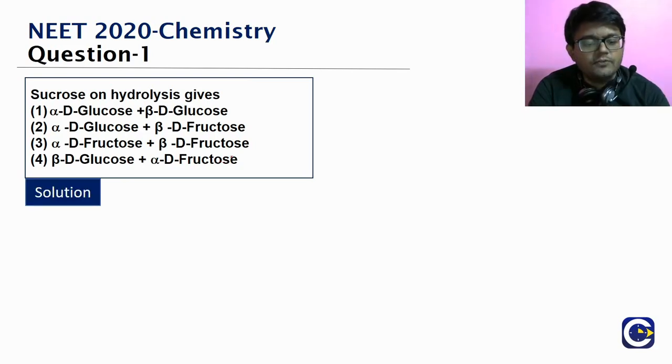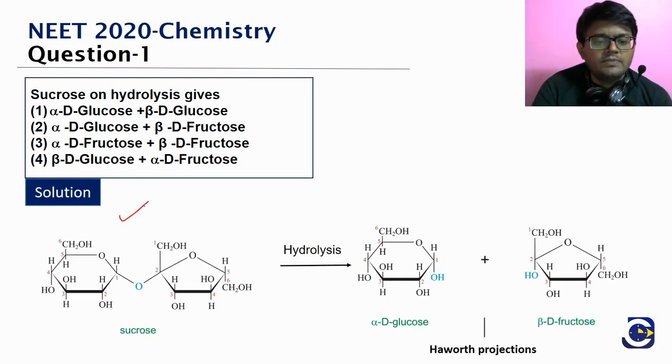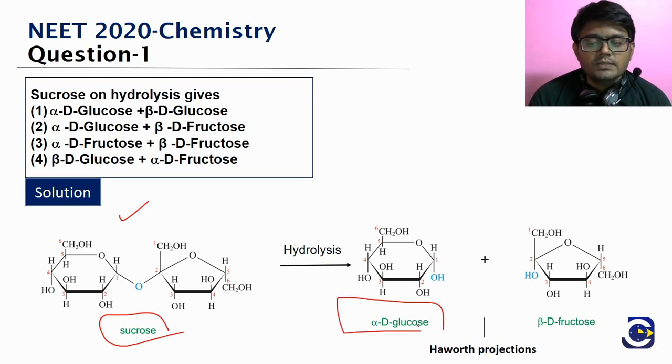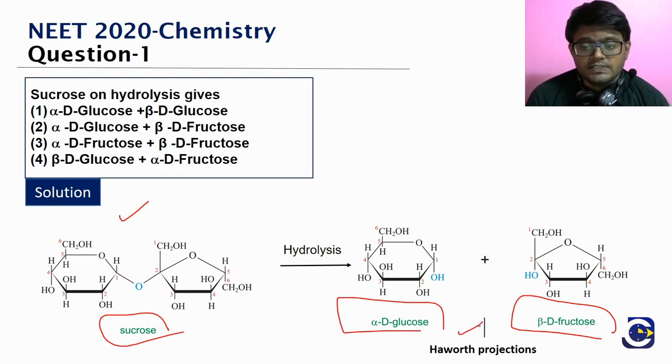Here, we have this in the NCERT. The hydrolysis of sucrose will give us alpha D glucose and beta D fructose. The projections we are drawing here, the structures, we call them the Haworth projections.